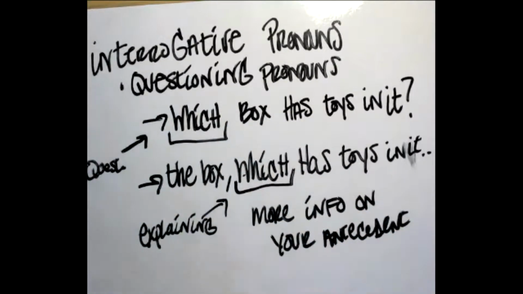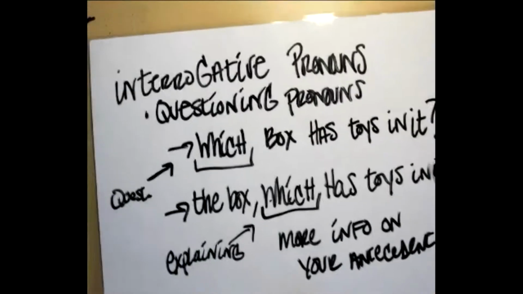Okay, so what do the forms look like? They look pretty much the same as the relative, with a couple of little differences here. So let me pull up the relative again.